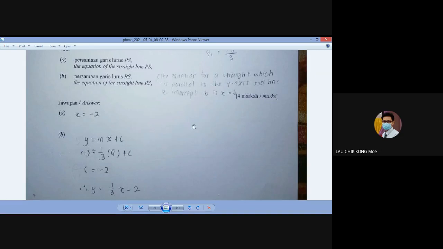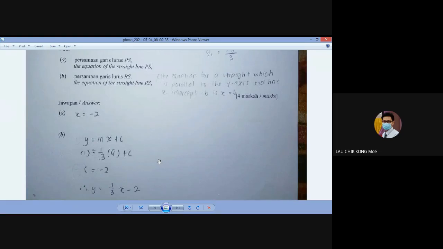Actually you're right, so we substitute y equals to 1 from the point 9, 1 and x equals to 9, gradient equals to 1 over 3. So you will get c equals to negative 2. So the equation is y equals to 1 over 3 x minus 2.